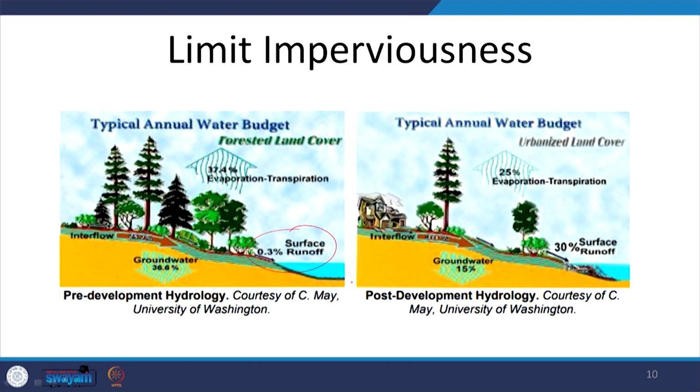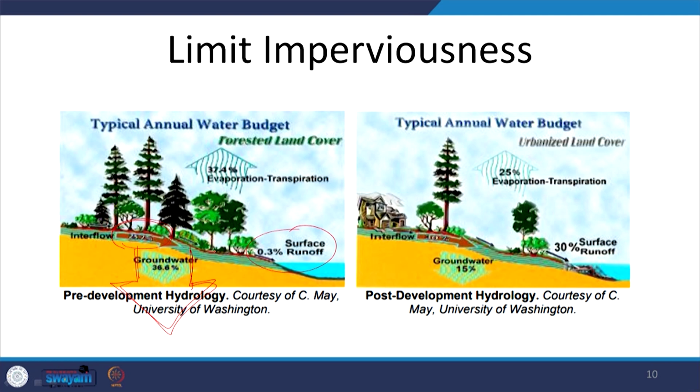In a pre-development scenario where a lot of built, hard, impervious surfaces were not added, a lot of groundwater recharge was happening naturally. So, in this case we see that there is a lot of groundwater recharge, there is a lot of interflow which is right beneath the topsoil.